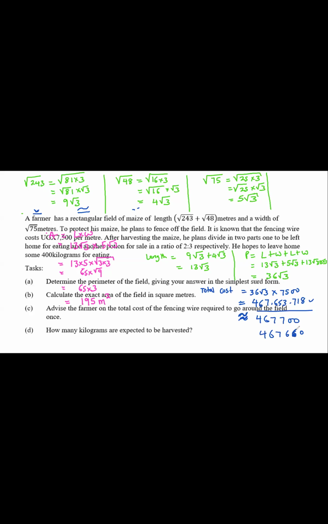The nearest would be 660, which is not possible in Ugandan shillings either, because do we have a 60 shillings? No. So you round up again to 700.